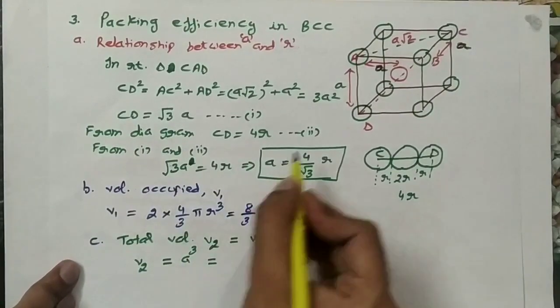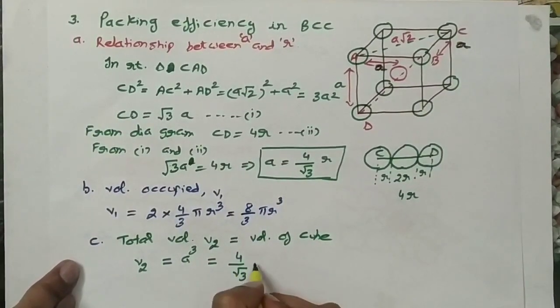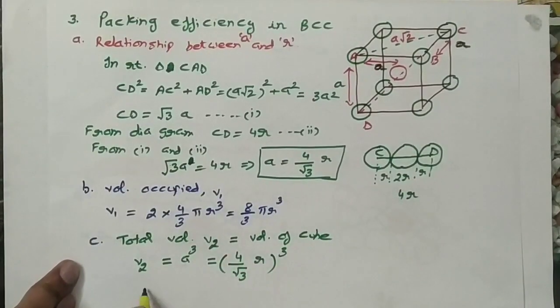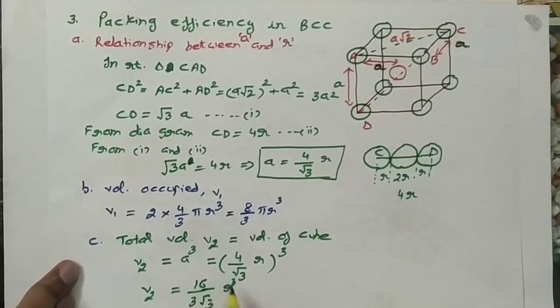Substitute the value of a: 4 divided by root 3 r, cube. On solving, V2 is 16 divided by 3 root 3 r cube.